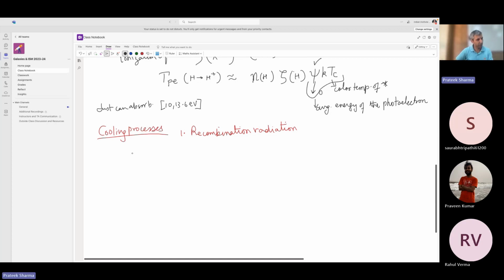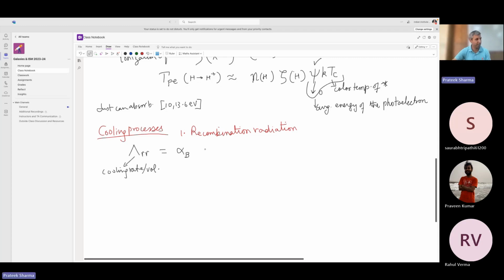Let's call it lambda RR. So this lambda is the cooling rate per unit volume due to radiative recombination. This is equal to alpha B. Right? So you only take alpha B into account because n equal to 1 recombinations are as if they never quite happened, because they don't really lead to the escape of photons.